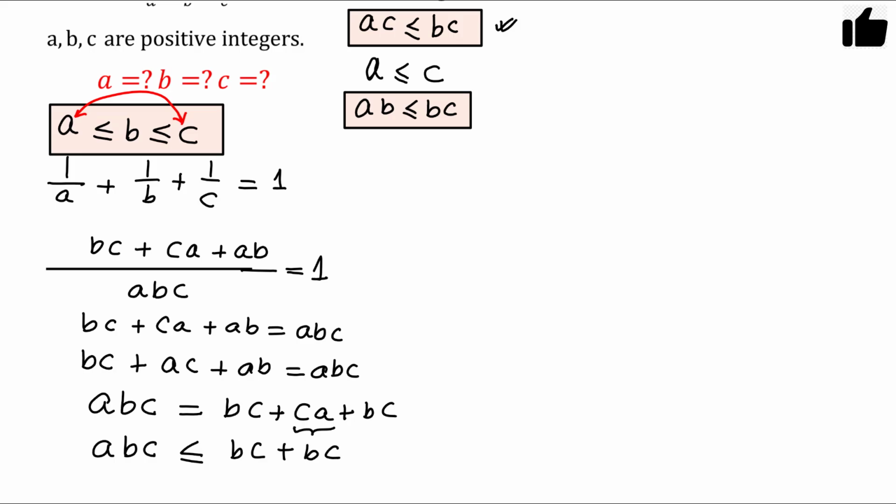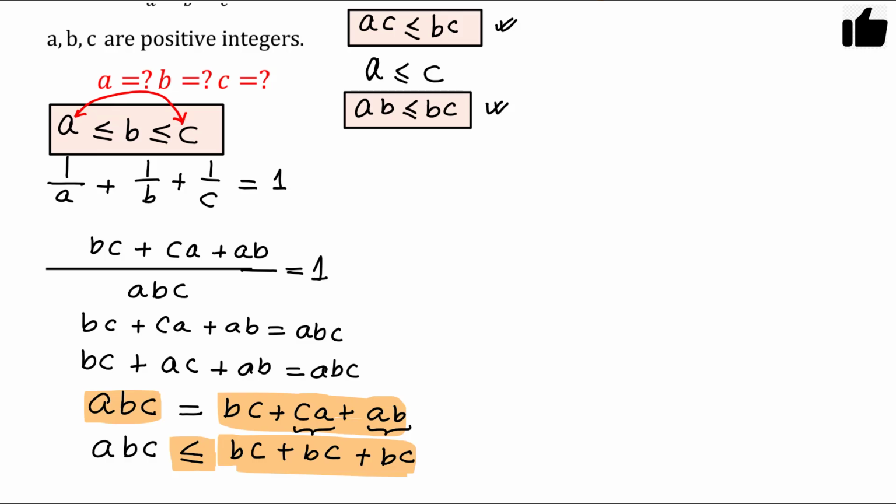And this was ab basically, and in place of ab, again I am putting a bigger number, since bc is greater than or equal to ab. So I have substituted this with a bigger number, and similarly I have substituted this with a bigger number. That's why this whole thing is now bigger than this quantity, and that's why here I have an inequality sign. This is not equal to, because now the right hand side becomes bigger than the left hand side.